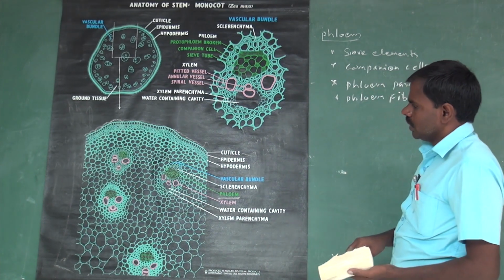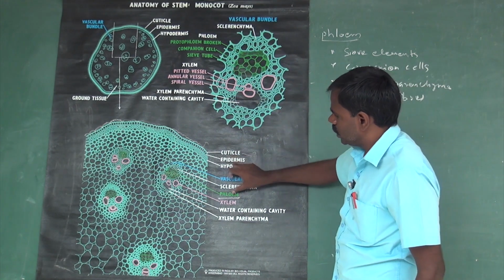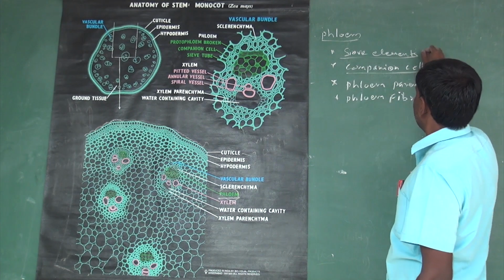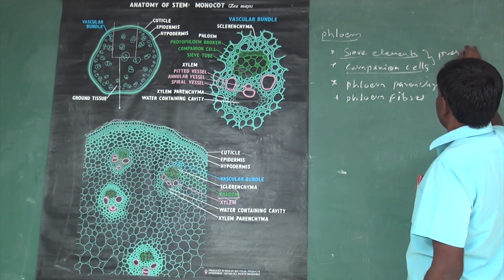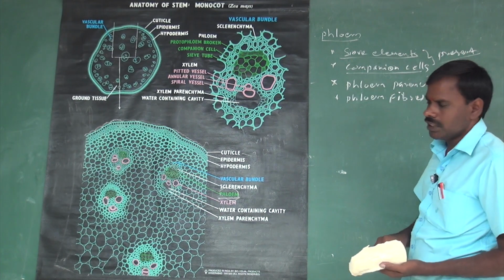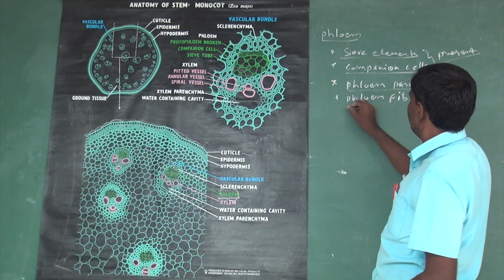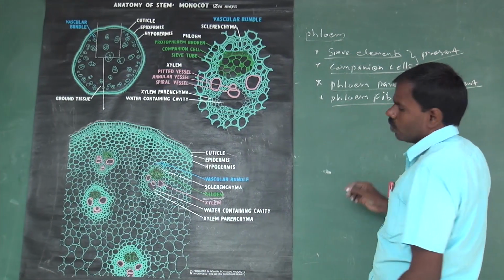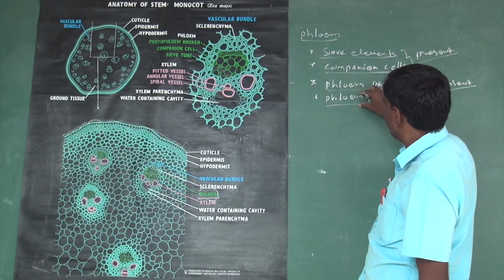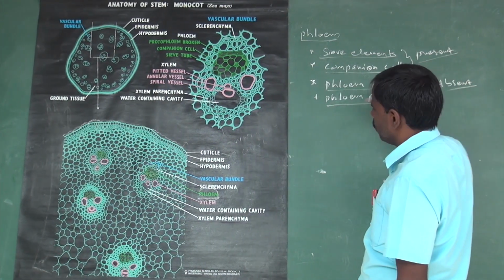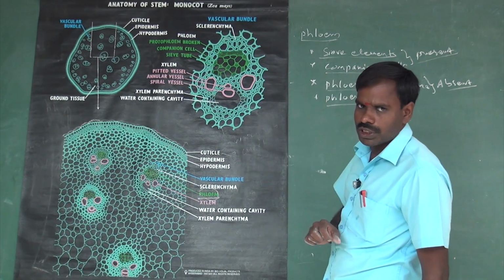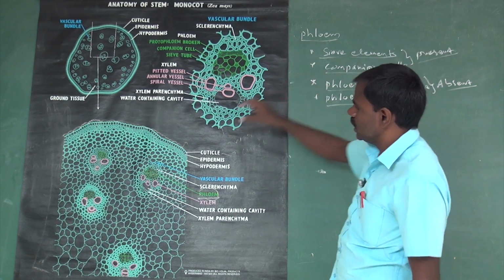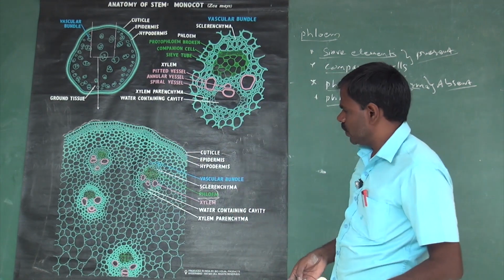In the monocot stem, the phloem consists of only sieve elements and companion cells. Phloem parenchyma and phloem fibers are absent in the monocot stem phloem.